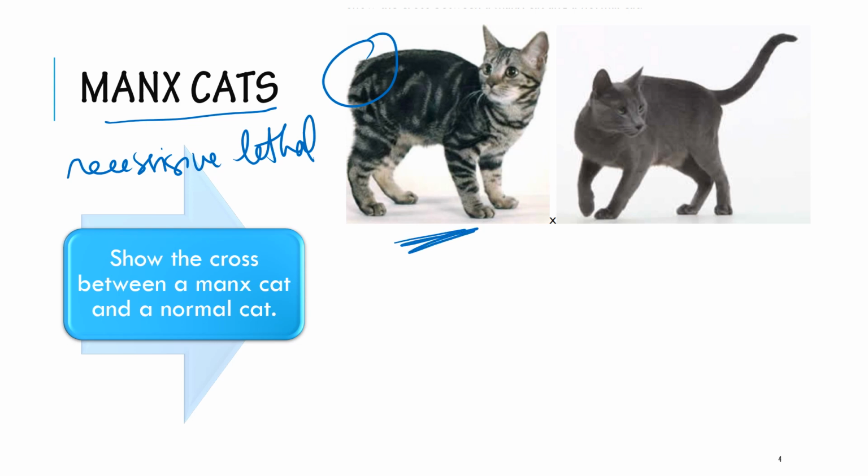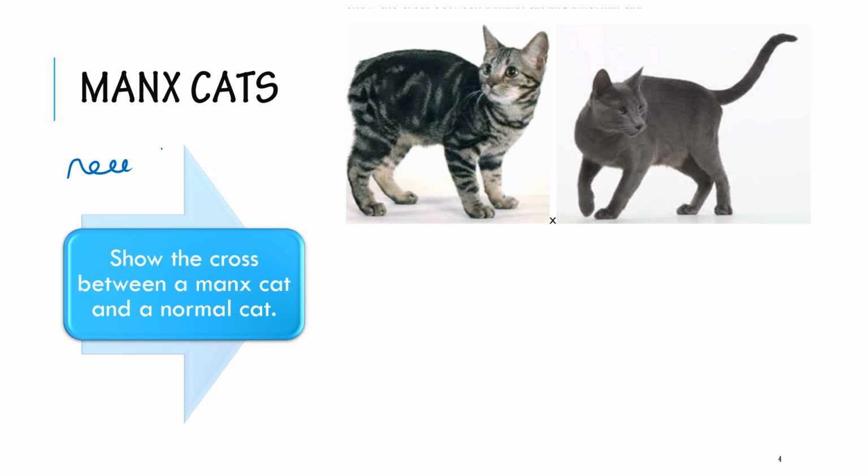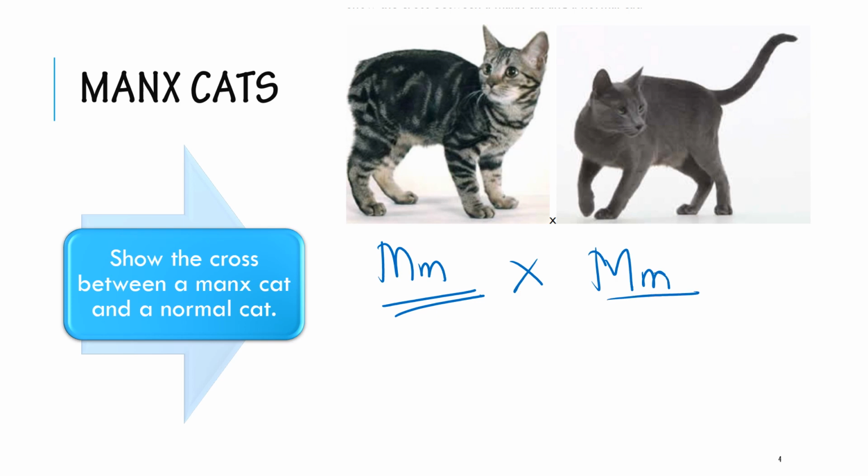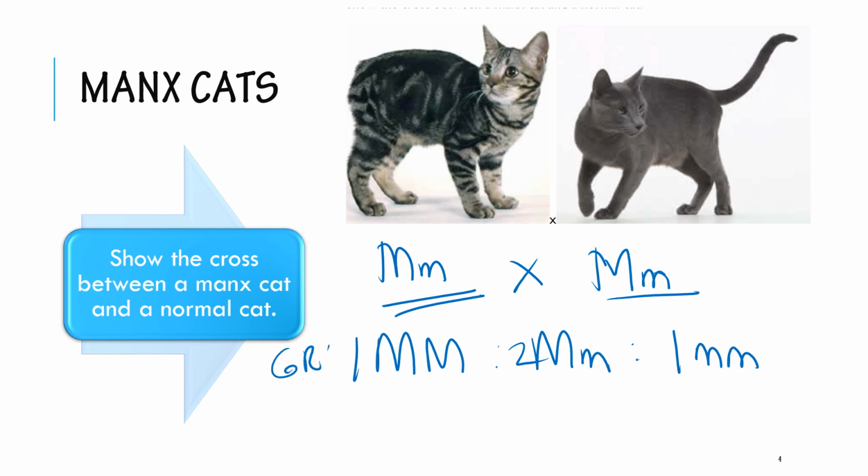Now what will happen if you cross two Manx cats? Two heterozygous Manx cats. So let's use the letter M. This is a Manx cat, and you cross it with another Manx cat. Again, like earlier, this will be your genotypic ratio. How about the phenotypic ratio?